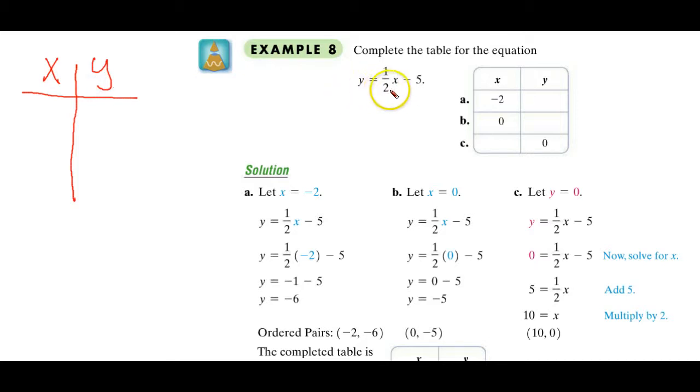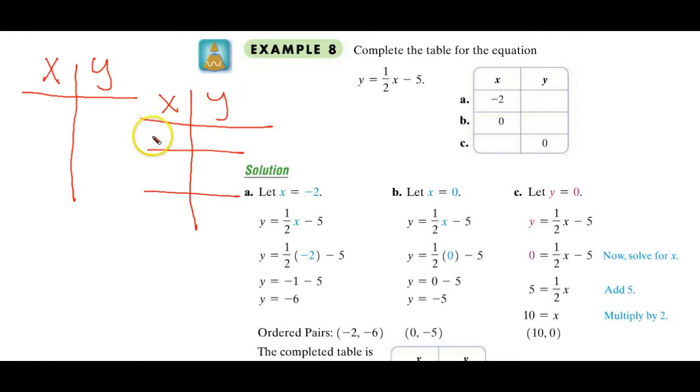Now, for this equation, let me just make 2 T-charts here because I'm going to tell you the difference here. Traditionally, the points we choose are like a negative 1 for the x, a 0 always, and maybe a positive 1.